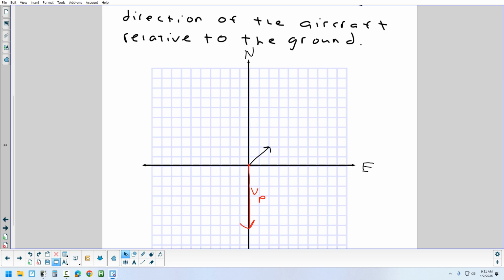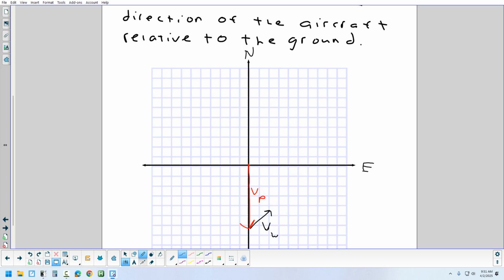Now, if you put that on the end of the plane, let's label that. We'll call it velocity of the wind, or velocity of the jet stream, just something you can remember. It's going to blow the plane off course a little bit.